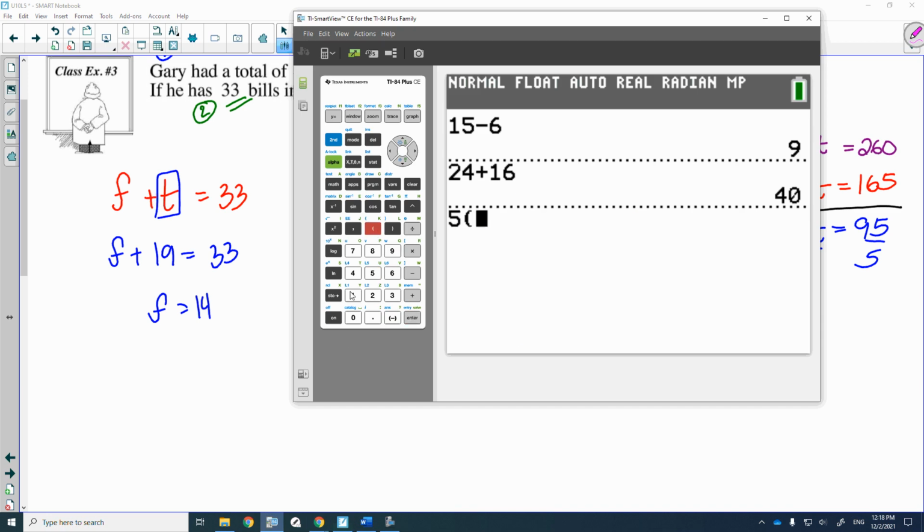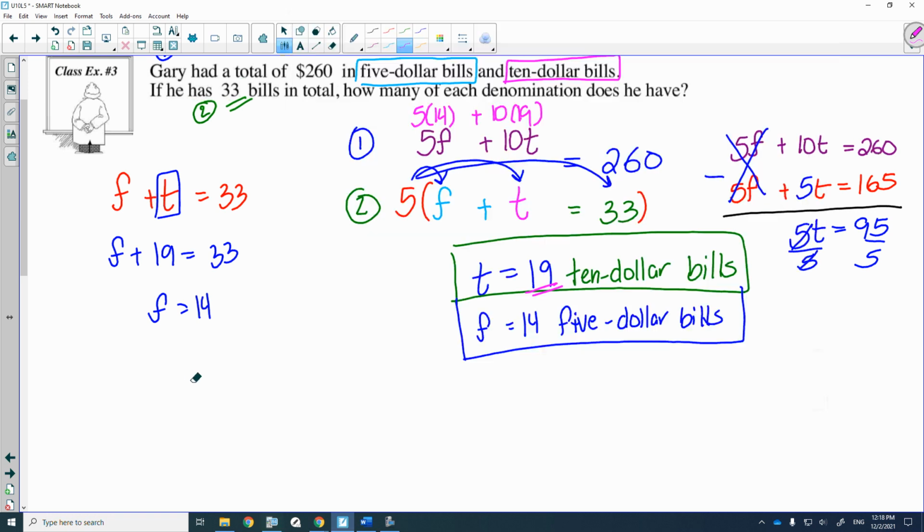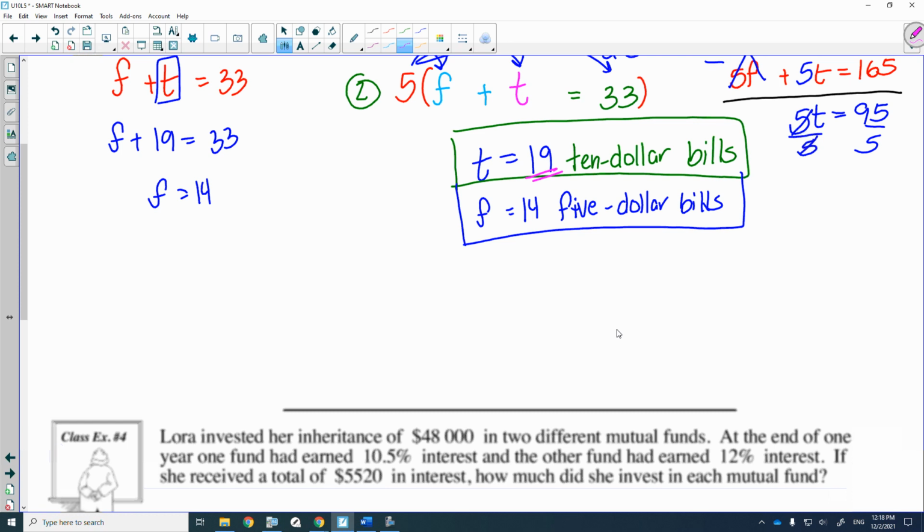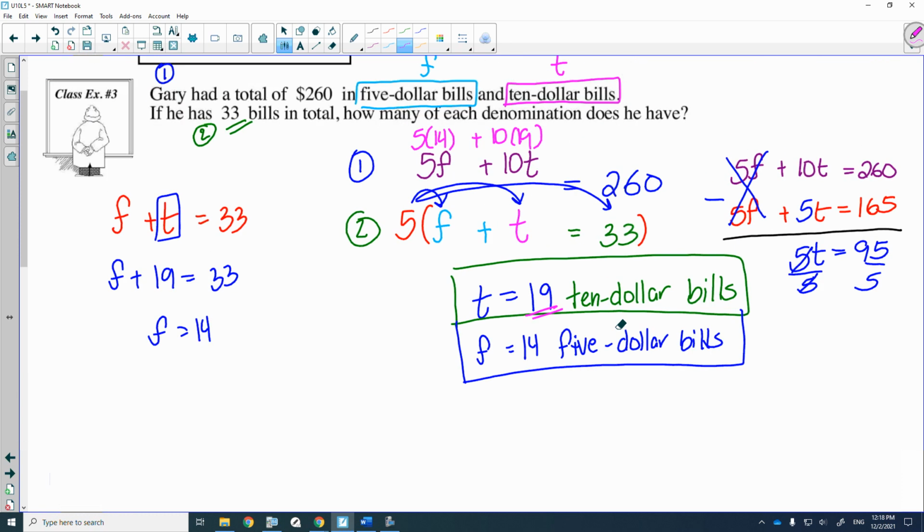So 5 times 14 plus 10 times 19, and it's correct. It verifies in both systems. Okay, those are the three main types.